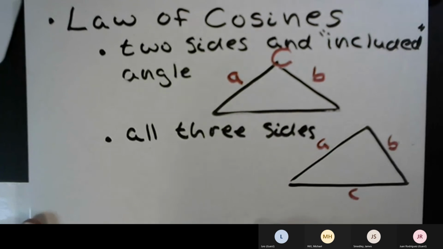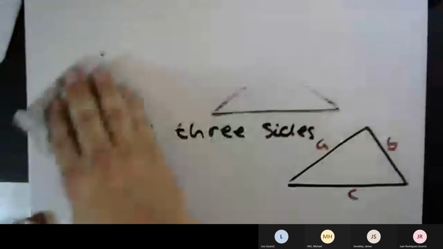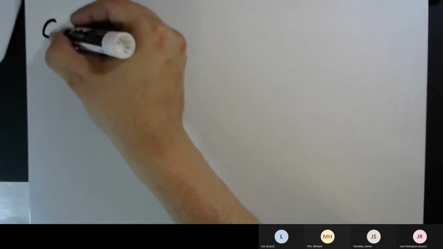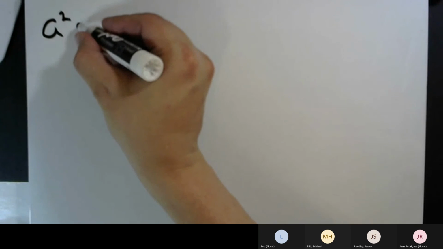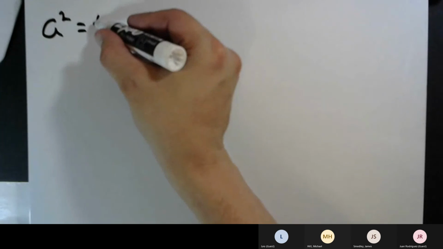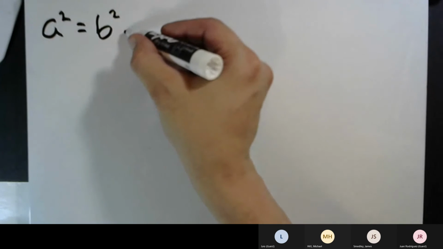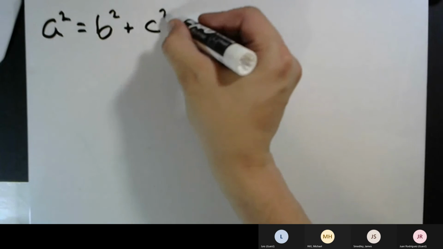So there's three equations for the law of cosines, or three formulas, and you use them as you need them. So the first one, side a squared is side b squared plus side c squared.